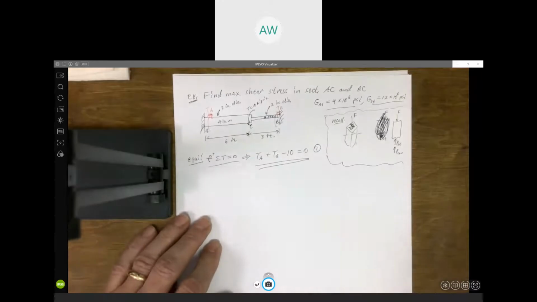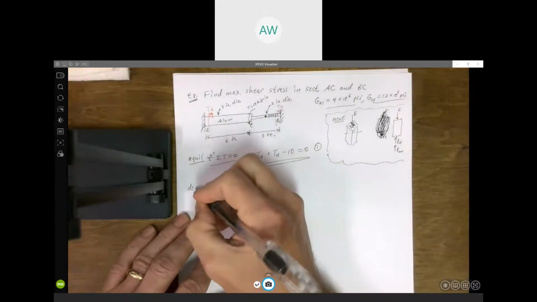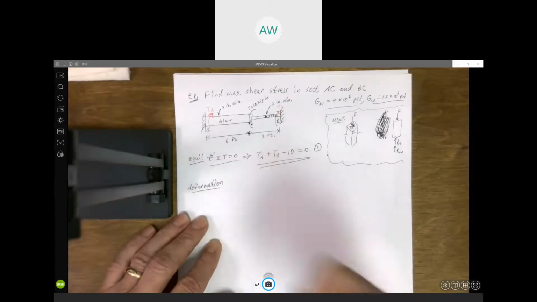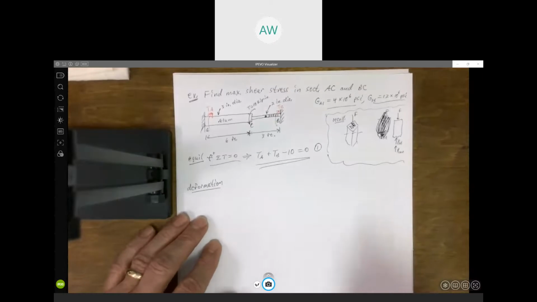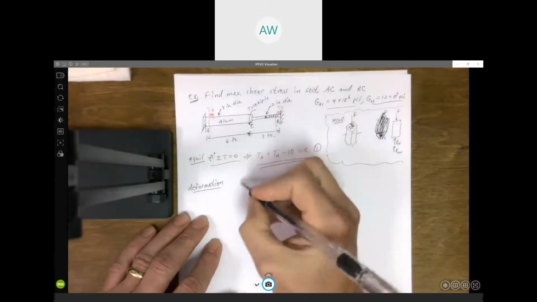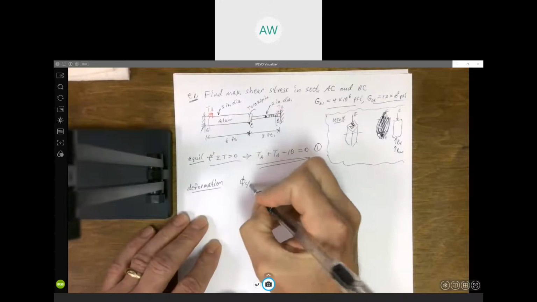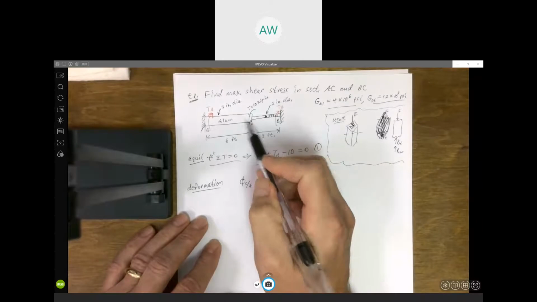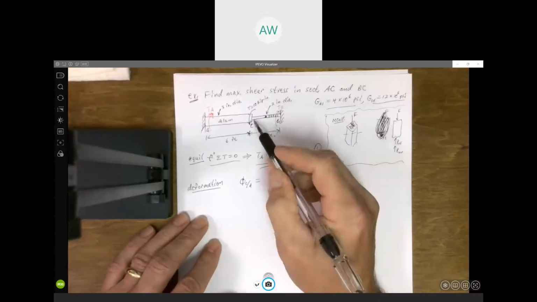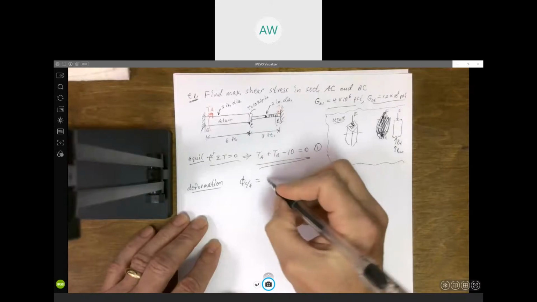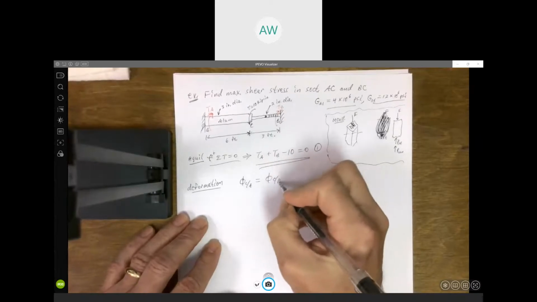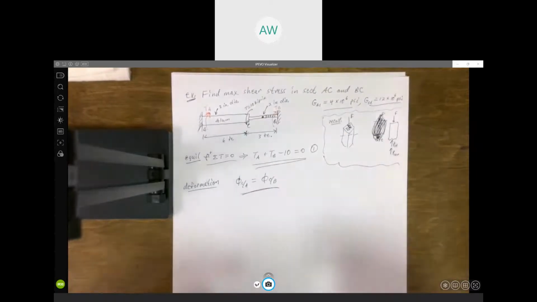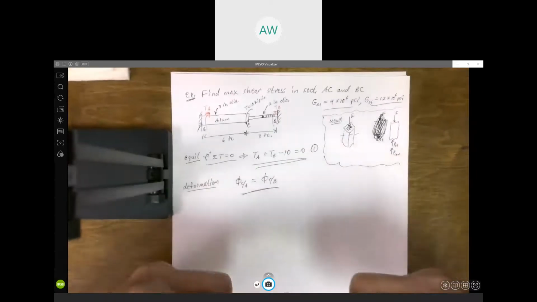So now we go to what we know about deformation, or the compatibility condition. I know this point C, where they meet, the angle of twist of C with respect to A has got to be equal to the angle of twist of C with respect to B. This cross-section C, where those two sections meet, has got to rotate the same amount.